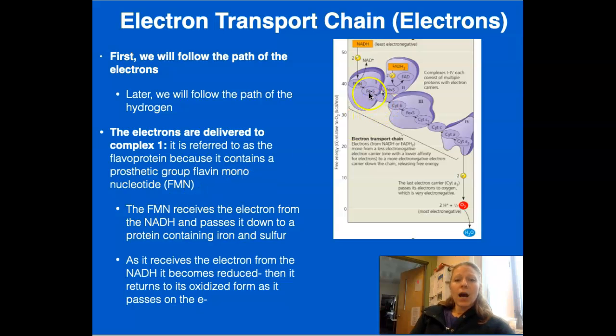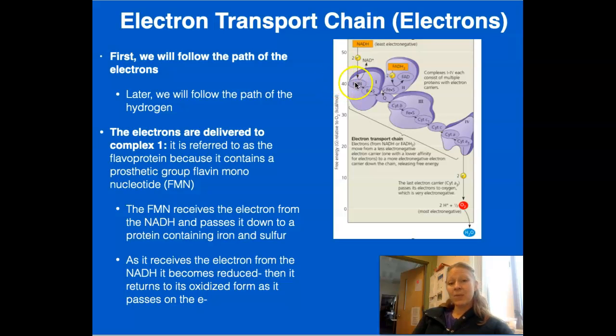And so here, the electron is going to be donated at this FMN, or this prosthetic group, the flavin mononucleotide right here. So that flavin mononucleotide is going to pass it down to a sulfur iron containing prosthetic group. And so this electron is going to pass through, so this protein complex is going to be reduced for a moment because it's going to gain. Remember, reduce is gain.